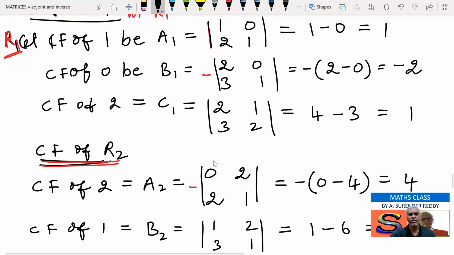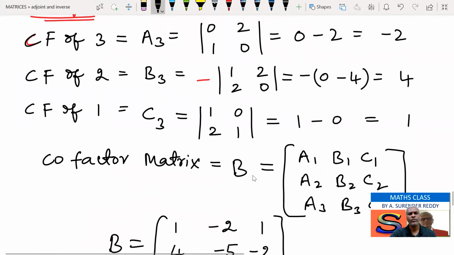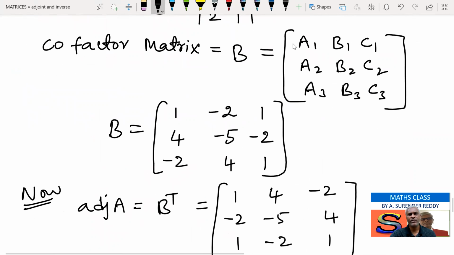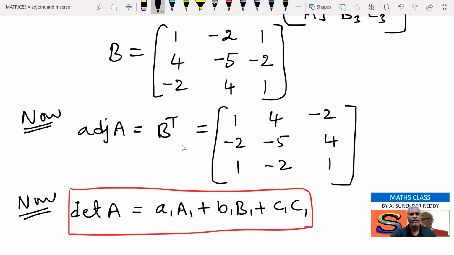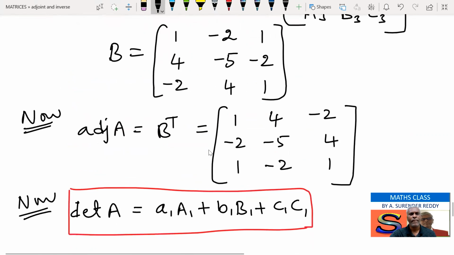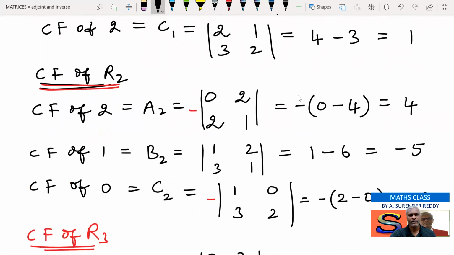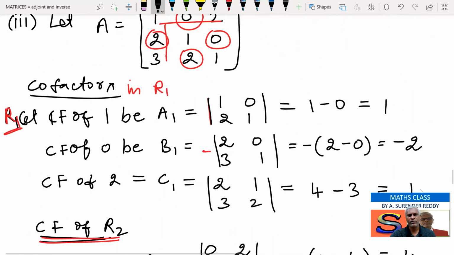If you write the 4 elements carefully, the rest is simplification, very easy, and you will get the cofactors, and after getting the cofactors and transposing the cofactor matrix you will get adjoint. And determinant, you know, element and its cofactor, element its cofactor. Already we calculated the cofactors, that's why I am taking 1 minus 2 1.